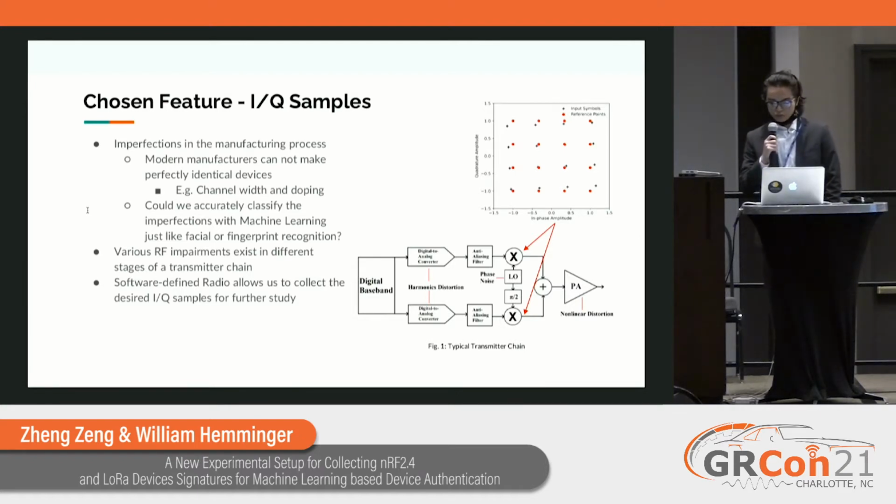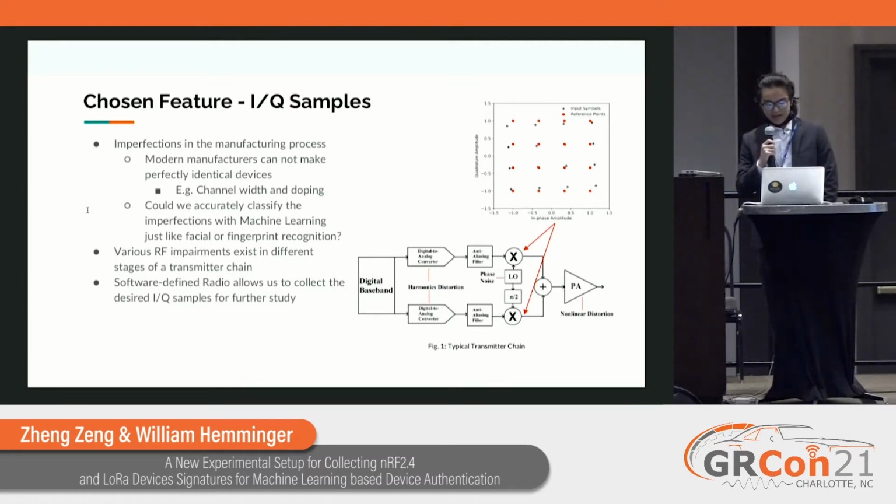There is the most important one, IQ imbalance, because of the phase or amplitude error in the quadrature signal it generates. So as we all know, such imperfections exist in our devices. We should be able to collect and classify this information using a similar approach as facial or fingerprint identification with the help of neural networks or other machine learning techniques.